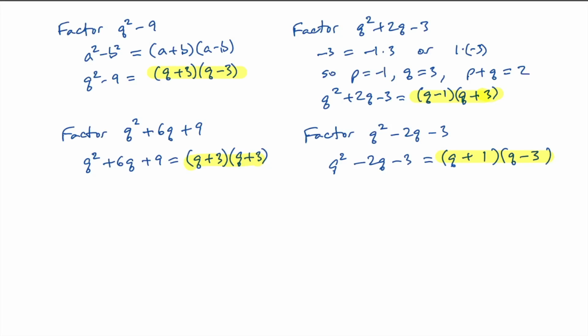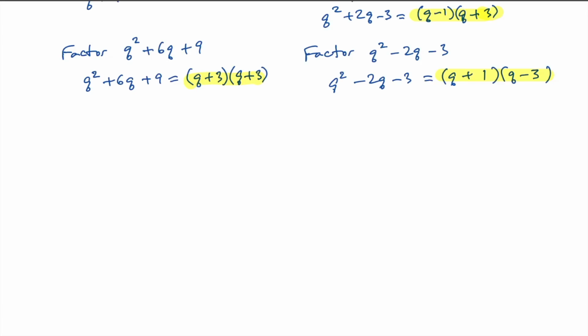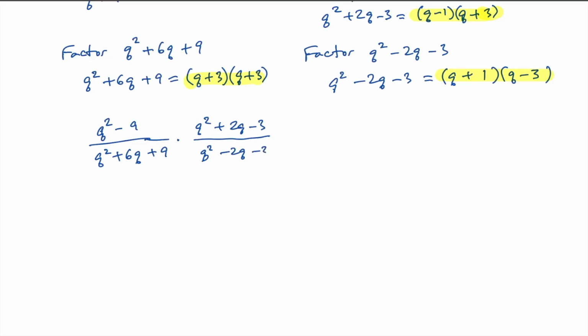Okay, so let's write down our problem again. So we have q squared minus 9 divided by q squared plus 6q plus 9. We're multiplying that by q squared plus 2q minus 3 and dividing by q squared minus 2q minus 3.